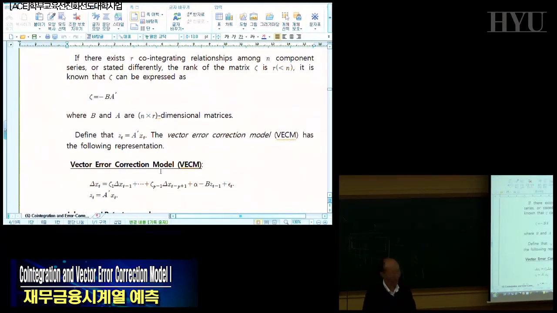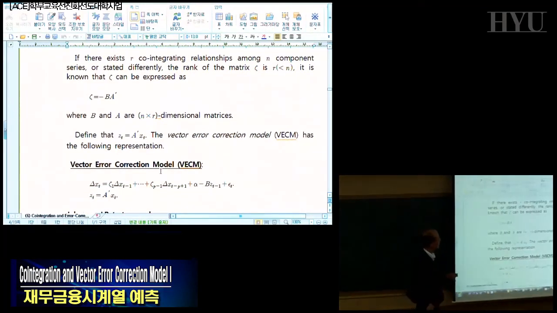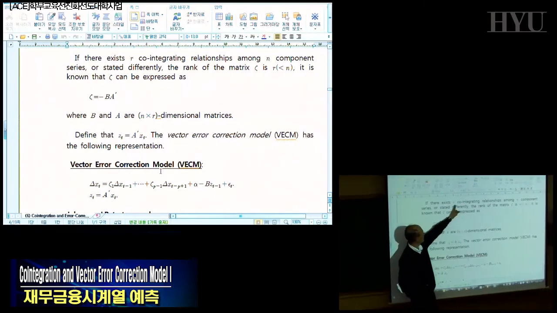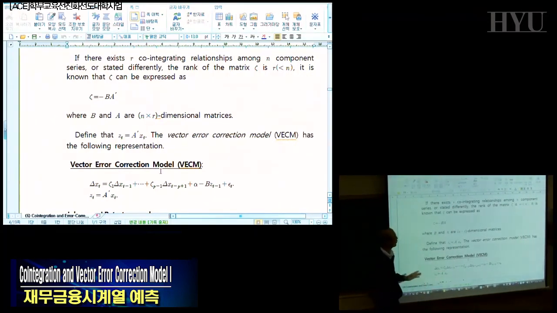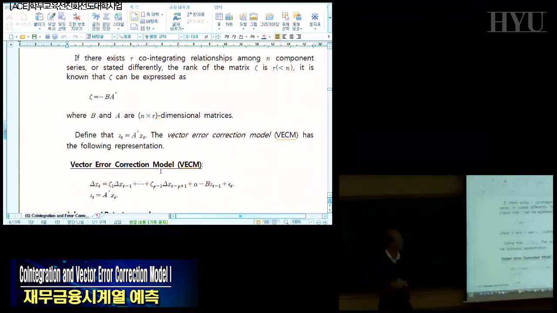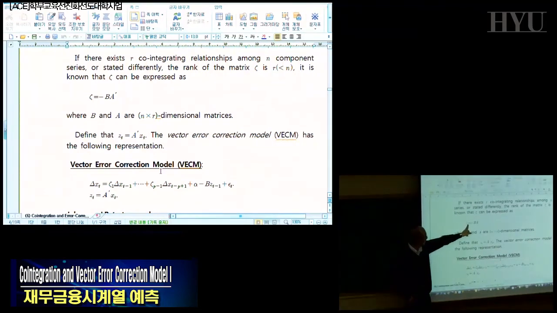And in fact, the theory goes from here. Well, if there are a number of cointegrating relationships among the n component series, then this zeta can be decomposed into two parts.